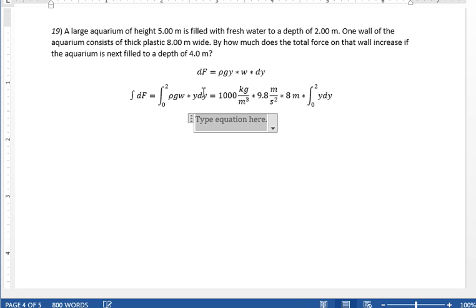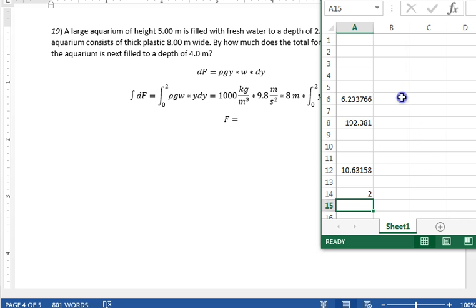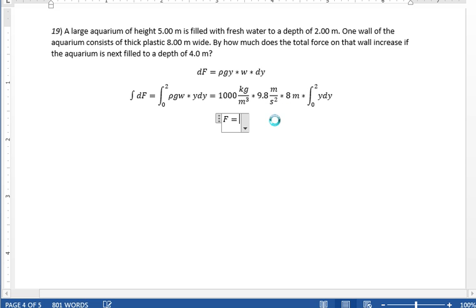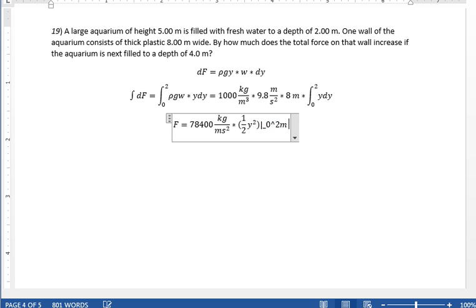The integral of y dy is 1/2 y squared. So we're going to get that the force is, let's go ahead and get these: 1,000 times 9.8 times 8 is 78,400 kilograms per meter second squared, times 1/2 of y squared, and this gets evaluated from 0 to 2 meters.